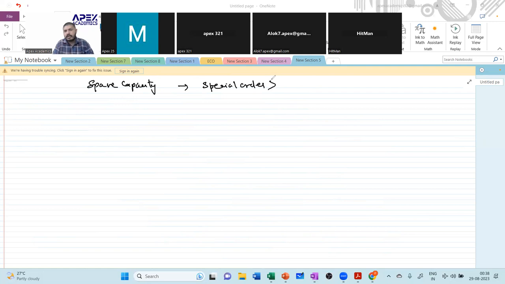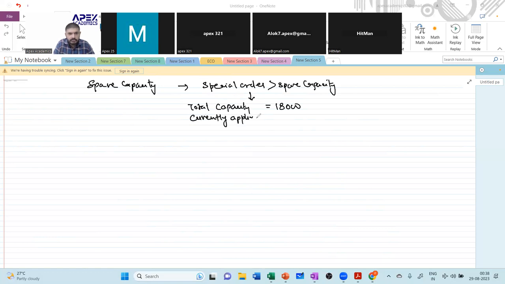Where the special order exceeds the spare capacity, this is very important. What will you do? Total capacity 18,000. Currently applied capacity 15,000.